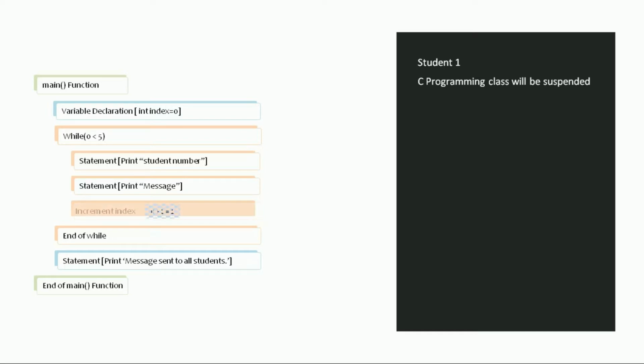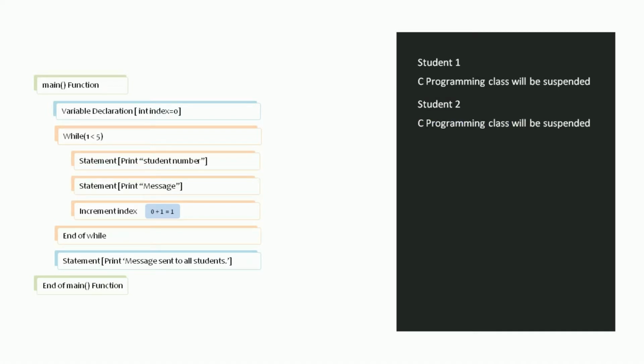Then increment the index: the current index is 0 and it will be incremented by 1, so the new index will be 1. The control will now go to the while condition and check if the condition is true. So the condition is now while 1 less than 5. The condition is true. The control will get inside and print the statements. Print the student number, student 2, then print the message.